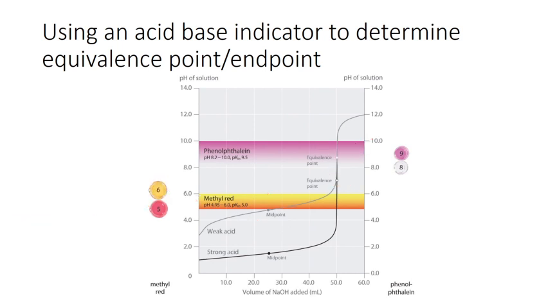So like I said, for strong acid, you can use either of them. For weak acid, methyl red will not work because it changes color around the midpoint rather than the equivalence point. Okay, so that is titrations. I will see you in class.